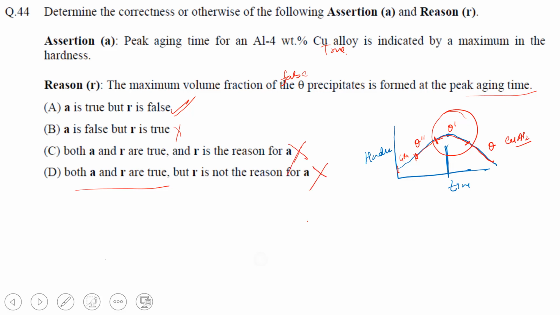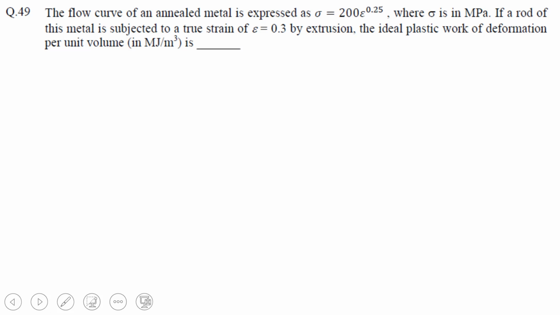Fine. Let us proceed. The flow curve of an annealed metal is expressed as sigma equal to 200 epsilon^0.25, where sigma is in MPa. If a rod of this metal is subjected to a true strain of epsilon equal to 0.3 by extrusion, the ideal plastic work of deformation per unit volume is.